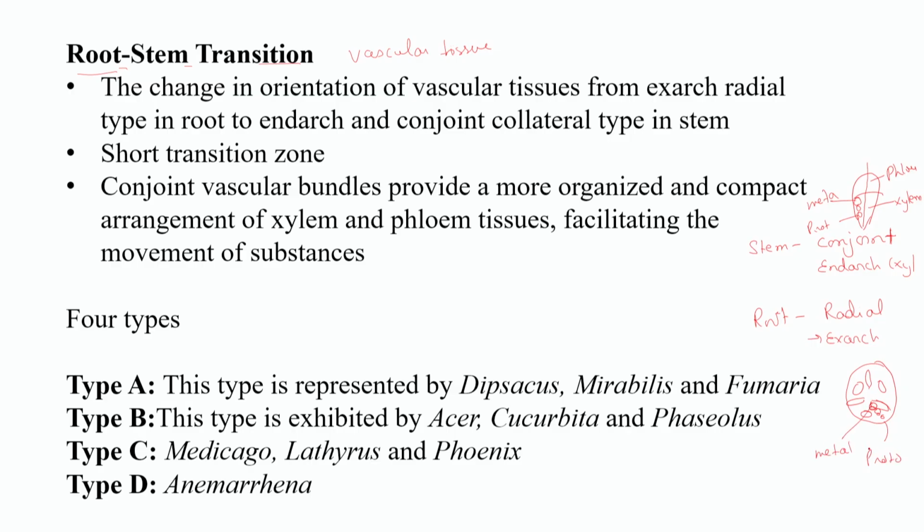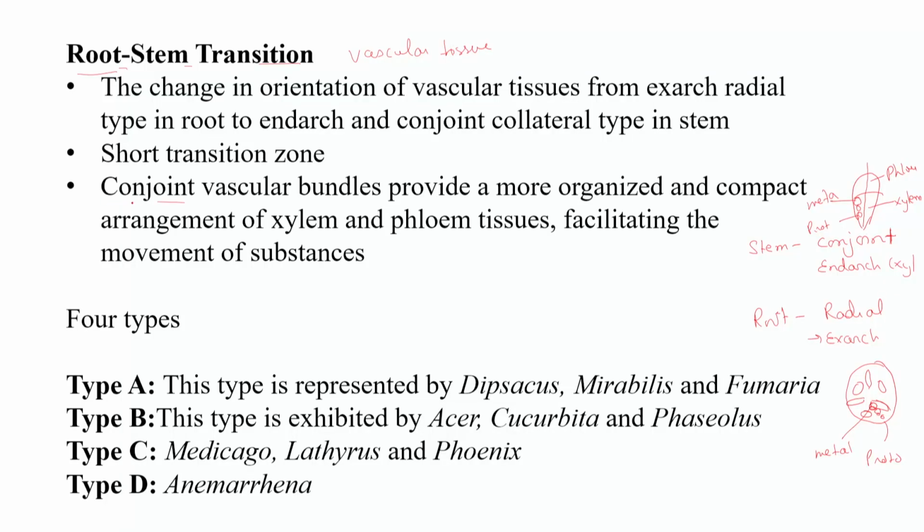Now see, the vascular system of the root system and the stem system is continuous, it's not broken. So there has to be a transition zone or a transition point where there is a change in the vascular system, and you should also think why there is a change. Why is the root vascular system not continued in the stem also?